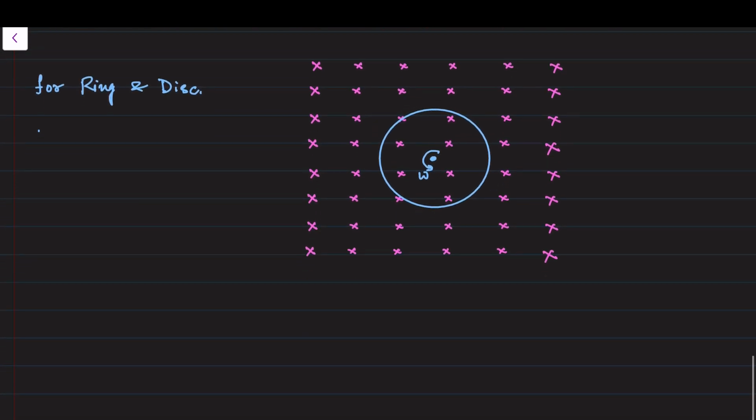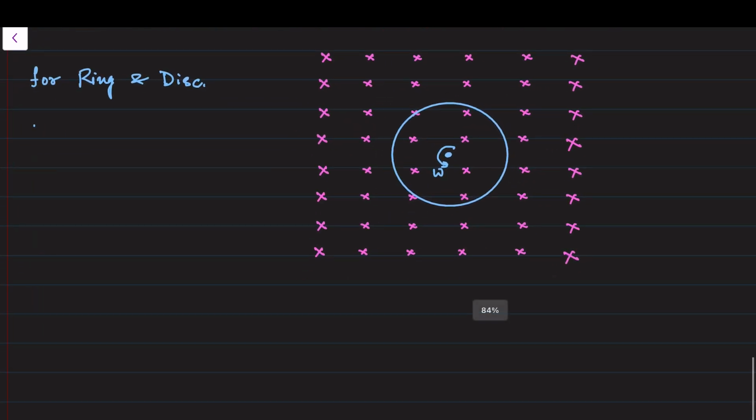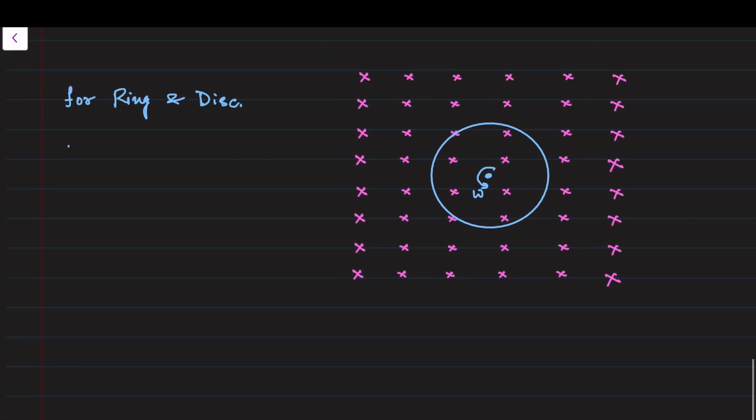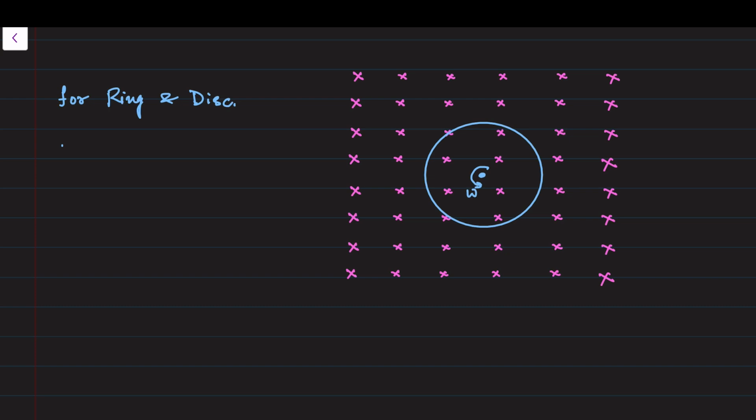Take one more question. We have a conducting disc. We have not disc, ring you take. We have a conducting ring of some mass etc. given, and it is rotating about its own axis in a uniform magnetic field. Then for the ring, we have to find the EMF induced between the center and the periphery. A is the point at the center and B is at a point on the periphery. So we have to find EA minus EB. First we are doing for ring.